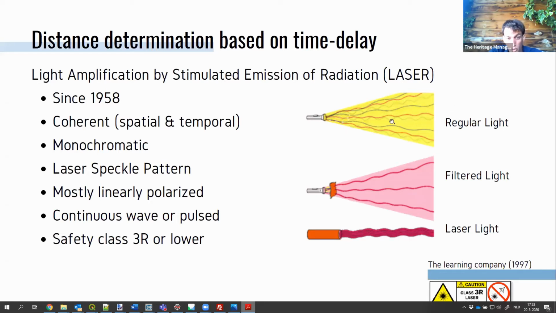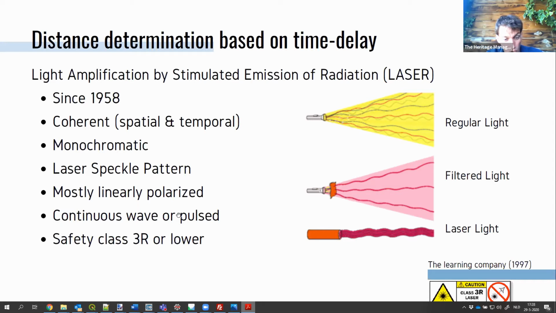This is definitely not useful for the determination of distances, so we have to use coherent signals. And even more, we have to work with monochromatic signals, meaning that we only need one wavelength in our signal. So we need filtered light, and the combination of this filtered light and the coherent light results in a coherent monochromatic signal, which is laser.